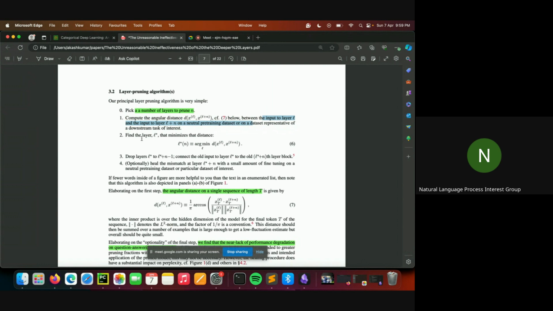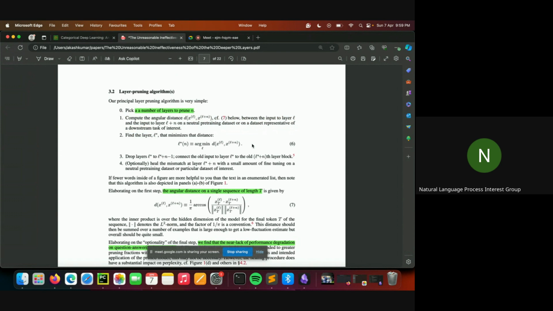And they will find that particular layer for which the angular distance across the n layers around it is the minimum.